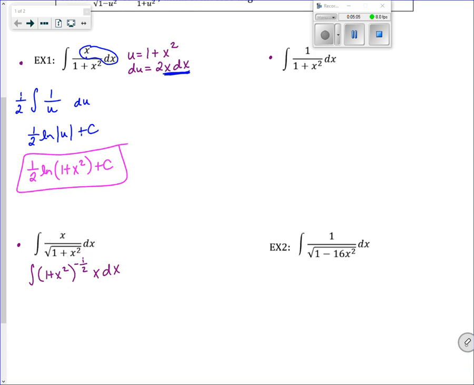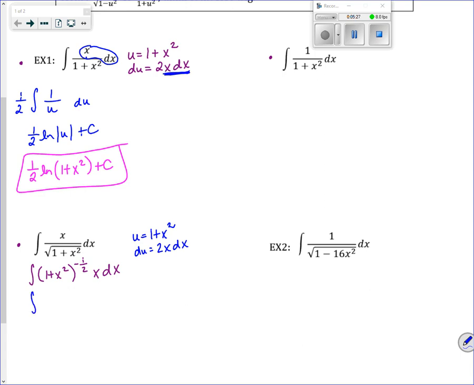But if I write it this way, the other choice of u is not the entire denominator. This one I see a power. So a good thing is to take u to be what's being raised to the power. So 1 plus x squared has a very similar look to this one up here.